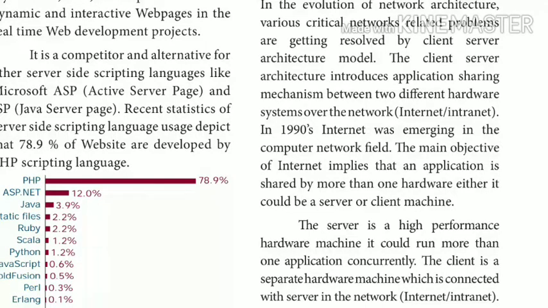So if you want to create a client server application, then some application must be installed on your client side, as well as some application on your server side. This is known as client server architecture.